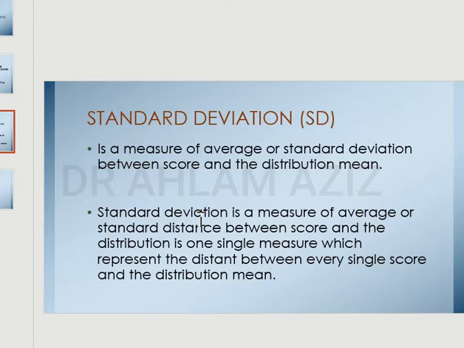Under demographic factor, basically we will have gender, age, salary, location, or maybe race. So if you want to analyze the percentage of the items in the demographic factor, you use frequency distribution.